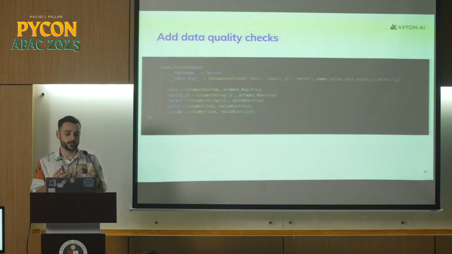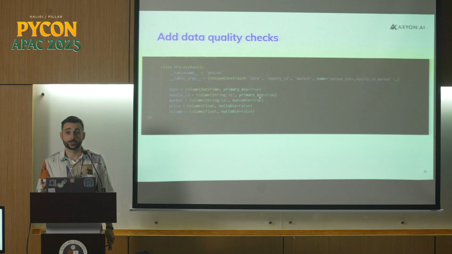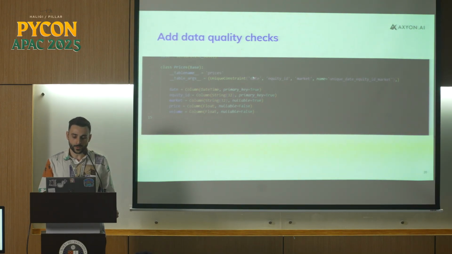But because private equity cannot be traded on a public market, this field can also be null, and I cannot use a primary key. So I define a unique constraint with these three columns, date, equity ID, and market. And as a best practice, I just give it a name so that I can recognize the unique constraint.